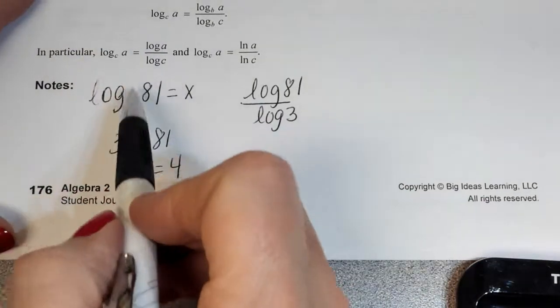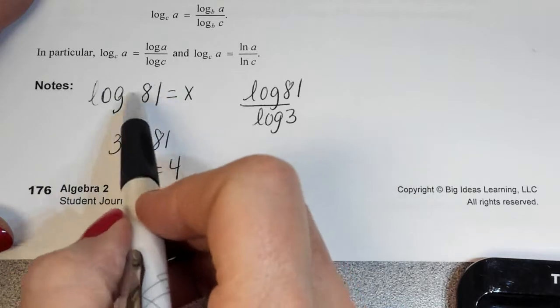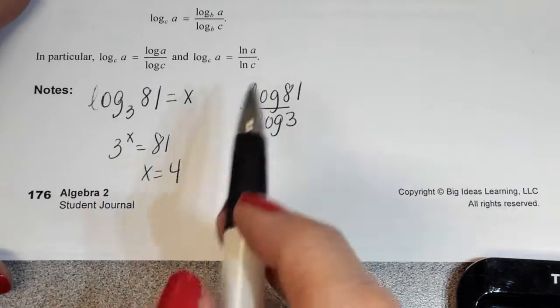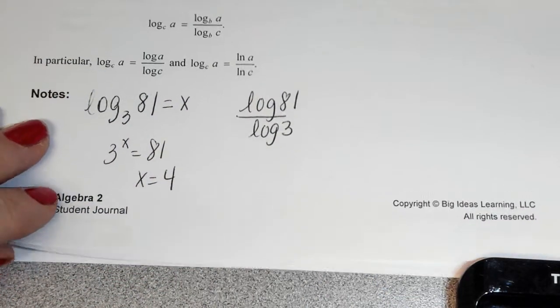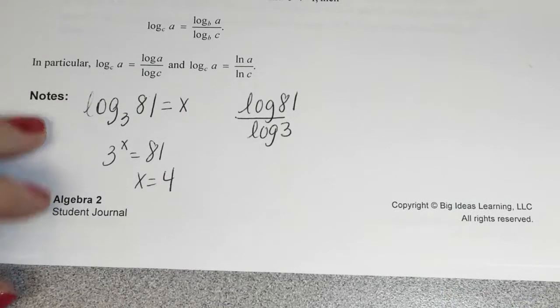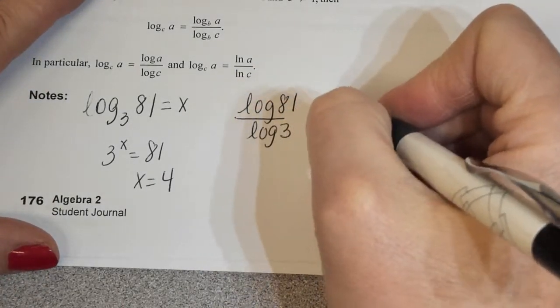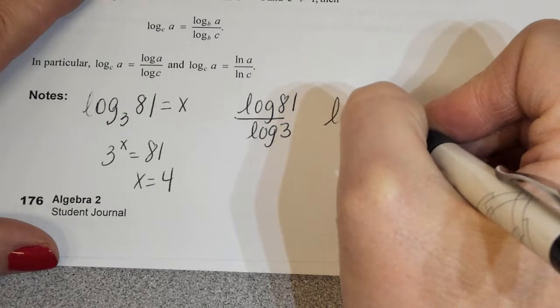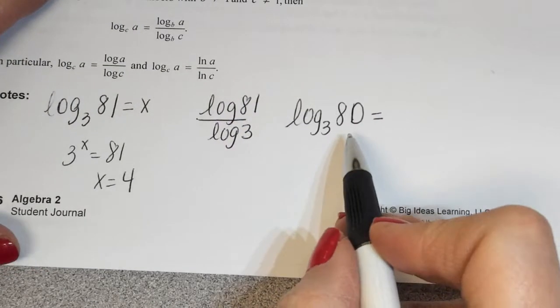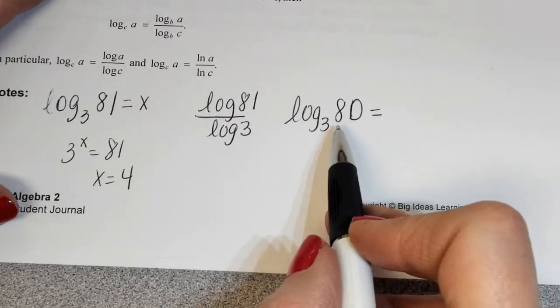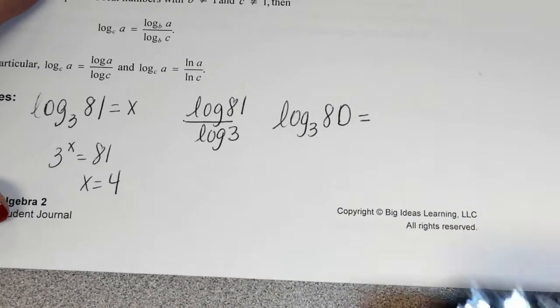If I have an easy problem like this, there's no reason to use the change of base formula. But we're going to be doing problems where it is necessary to use it in order to be able to solve a more complicated problem. Because if I had asked you log base 3 of 80, you would know that answer should be close to 4, but not quite. We don't know exactly what it is.